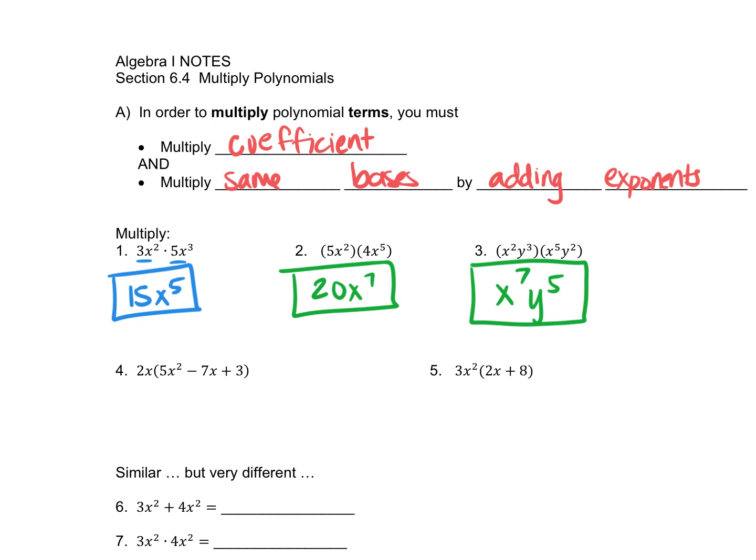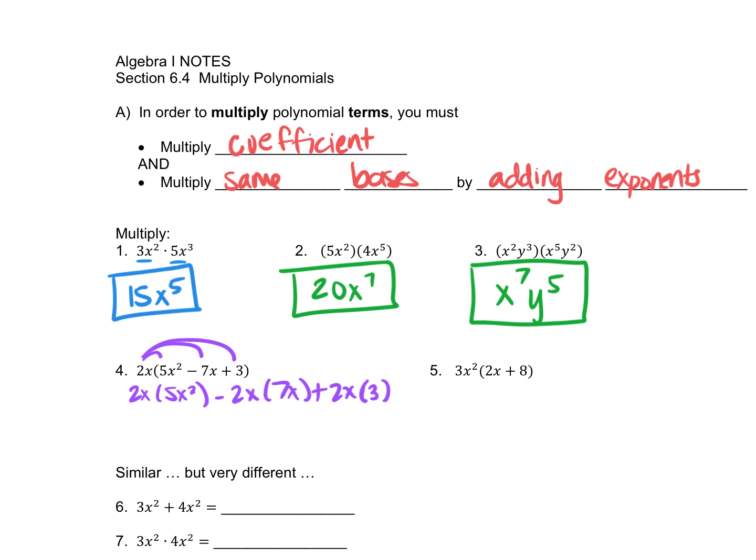All right, so when we look at number 4, now we are going to distribute, and we're going to use our rules that we learned with exponent properties. So we have 2x times 5x squared. You don't have to write this middle step. This is just sort of what your thought process should be, okay? Oh, sorry, not minus. Times 7x plus 2x times 3.